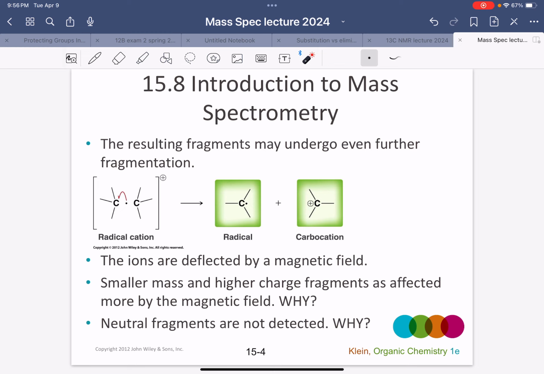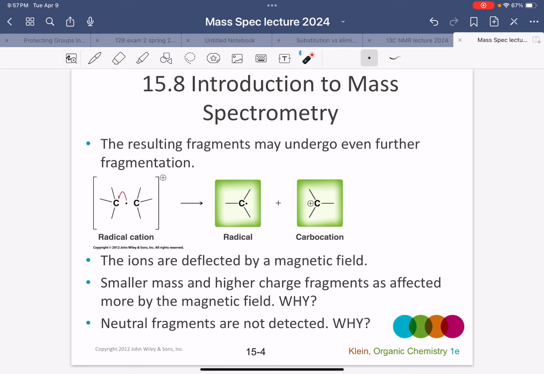And that's because we have a fixed magnetic field, and so it's going to act a certain amount on a plus charge with a certain force, and so a lighter molecule will be moved more by that force than a heavier molecule would. Or if we have multiple charges, say a 2 plus or even 3 plus ion, that would be moved more. There would be 2 times or 3 times the force.